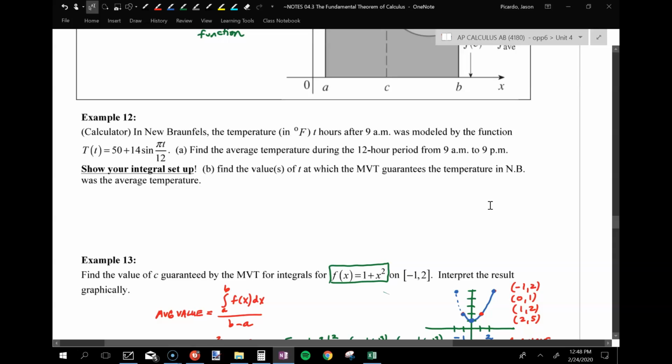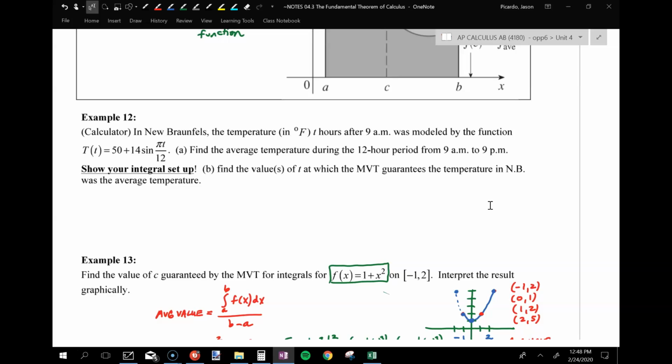So if I go back up here for a minute to example 12, here, Weeks found herself in New Braunfels analyzing temperature from 9 a.m. to 9 p.m., right? And so she took all of her data and she calculated the temperature every minute for that 9 a.m. to 9 p.m. period of time.